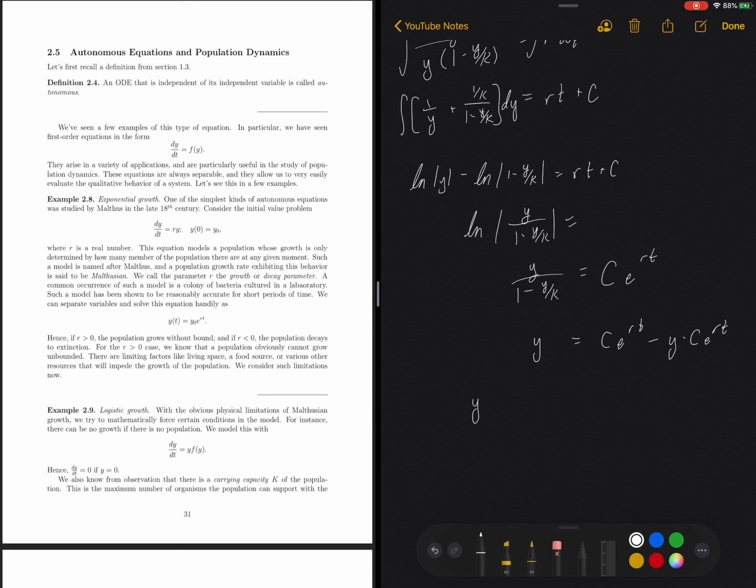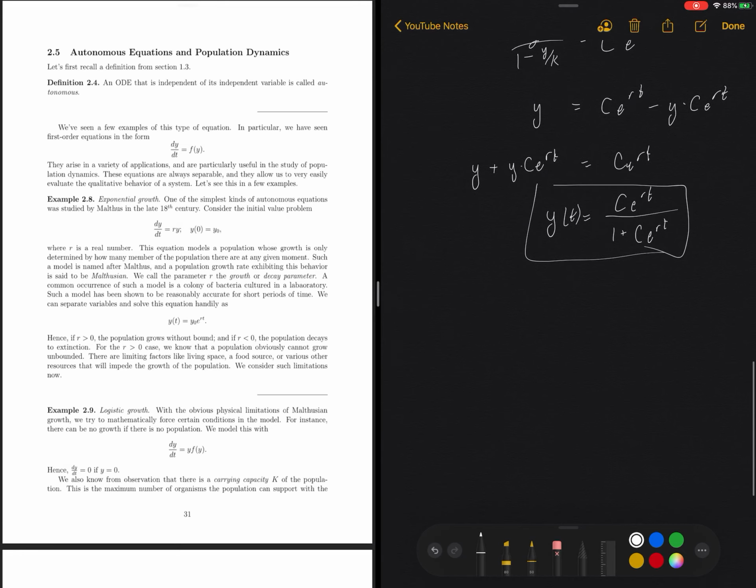So, multiplying both sides, or clearing the denominator, y plus y times C e to the rt equals C e to the rt. I bring all the y's over to one side of the equation. And finally, I factor out the y and divide by what is left over. Wonderful, great, spectacular, stupendous. That's awesome.